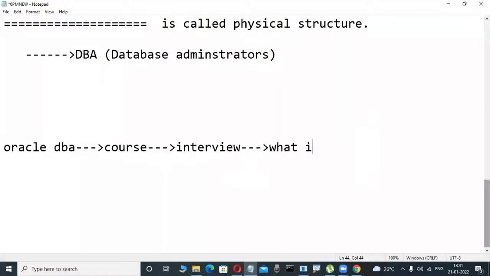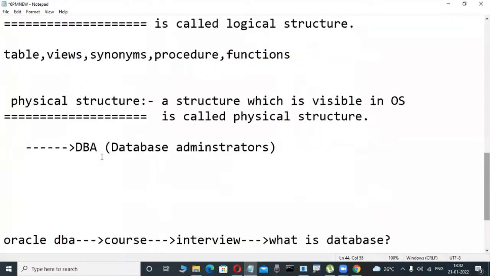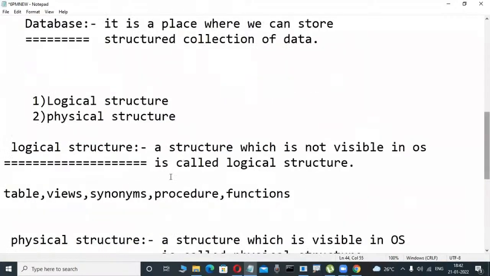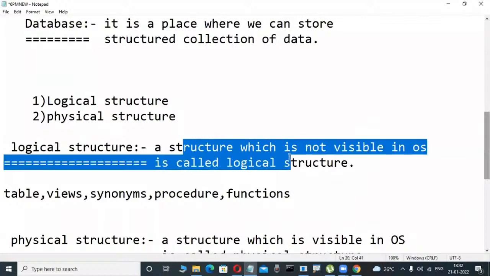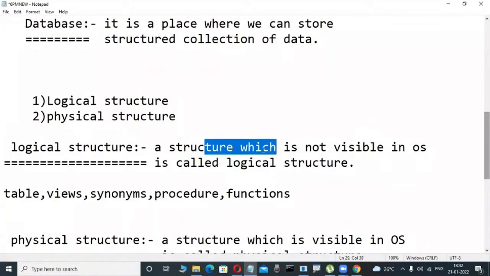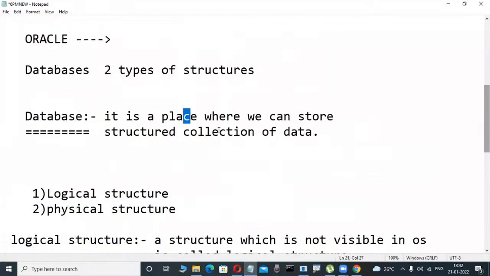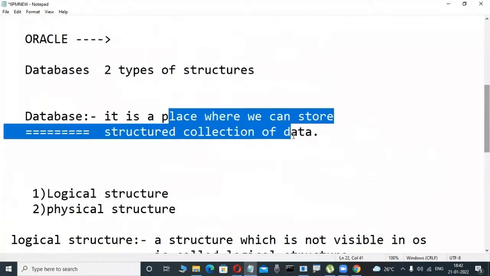If I answer with bookish knowledge, that it is a structured collection of interrelated data, stored in a structure, I will be immediately rejected.